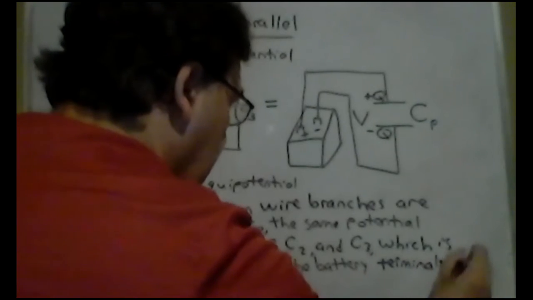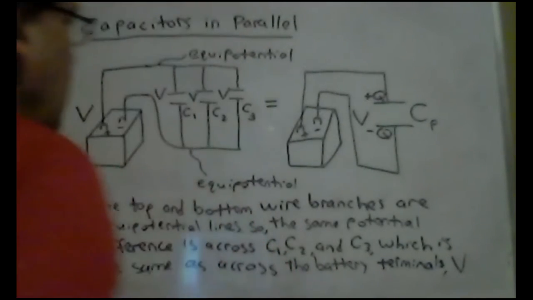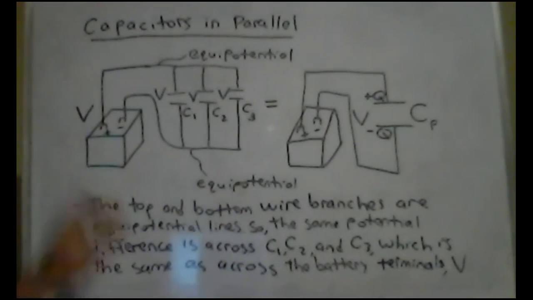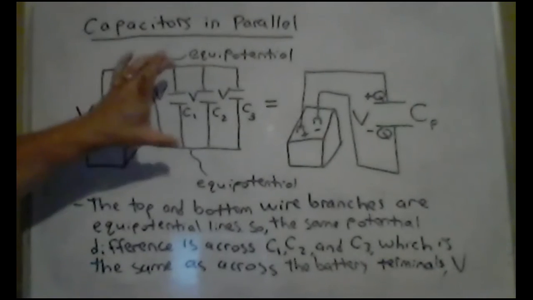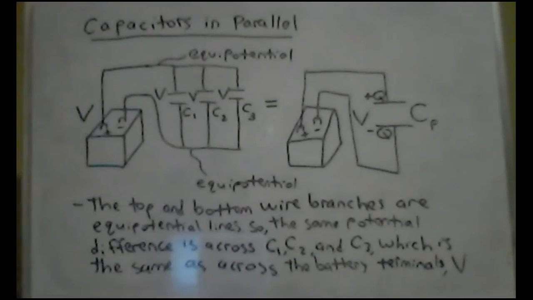We call that V. So the potential across the battery terminals is V. The potential across each of these capacitors is also V.